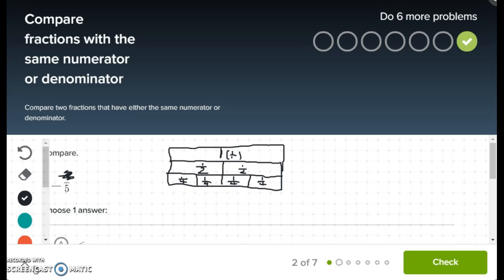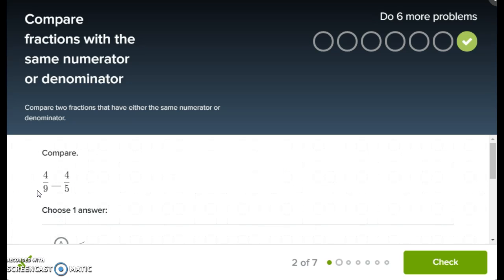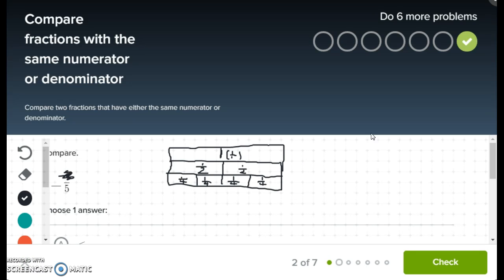So, 9 is greater than 5, so that makes it lesser. And by the way, that is a word in mathematics.